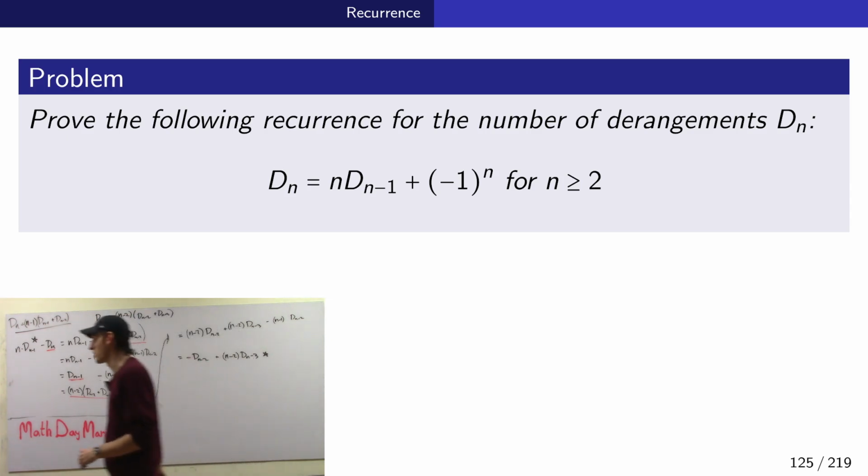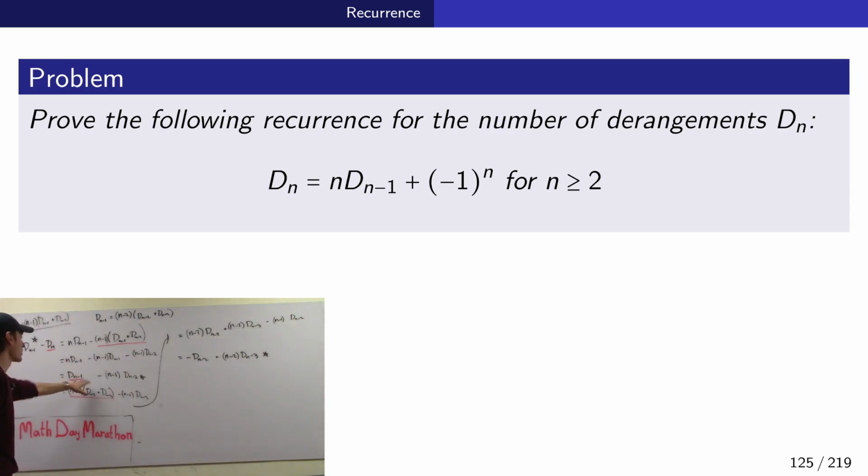Taking my 3 starred pieces and putting them all together, this is a string of equality, so we have equality all the way through.